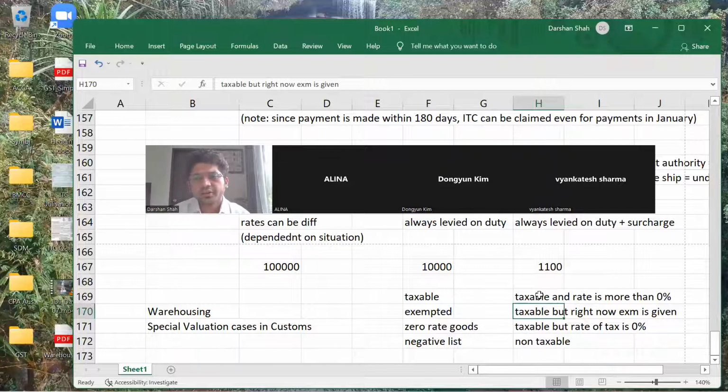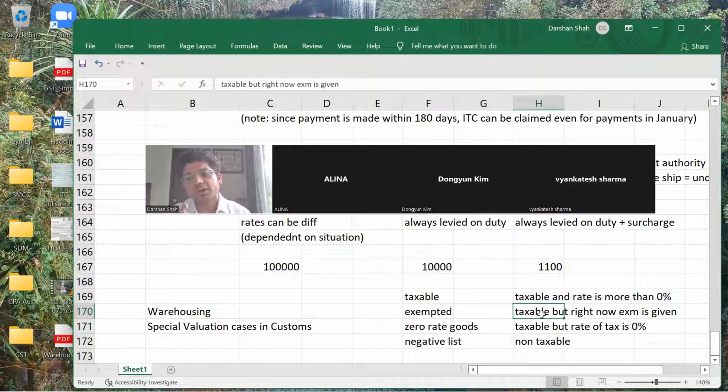Okay. So I actually meant to ask about the exempted list and zero rated list, because the definitions are kind of similar. Yes, but see, exempted means they both are taxable and their tax is zero. But see the difference. Zero rated goods, rate is fixed and rate is 0%.